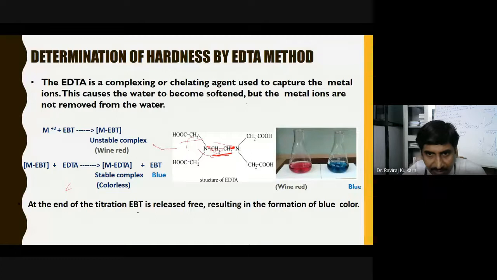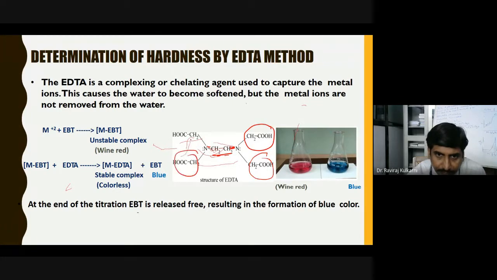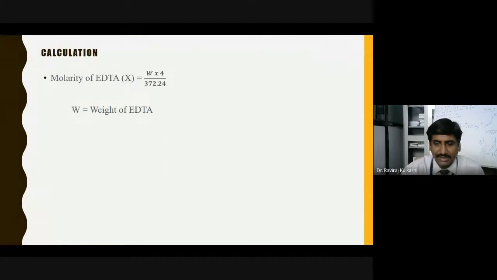Diamine means two amine, NH groups. Tetraacetic acid: there are four acetic acid groups. We call it EDTA.